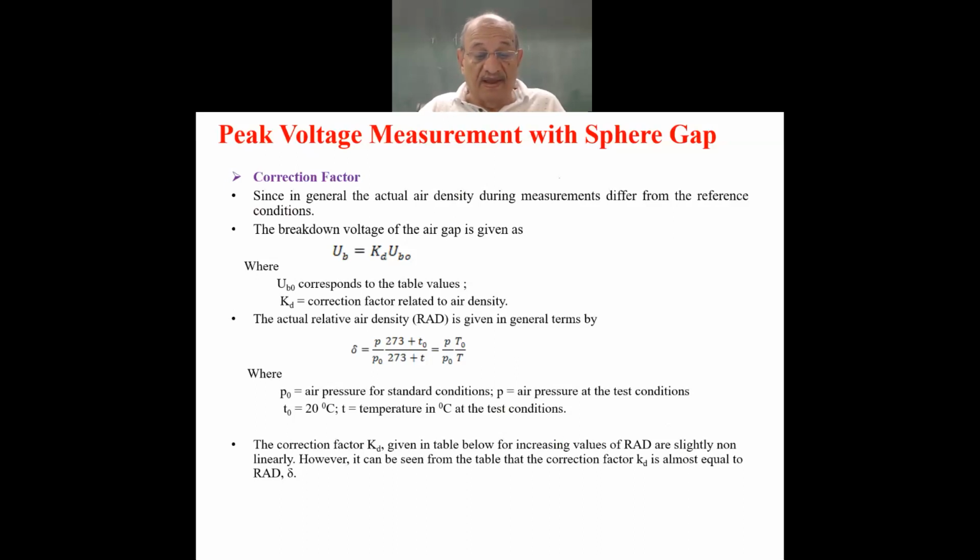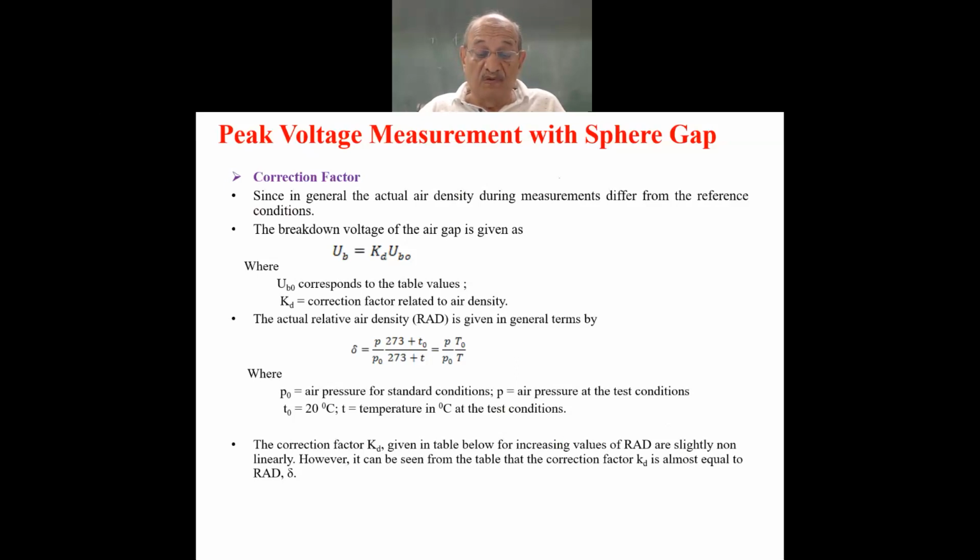So there is a requirement for a correction factor. For the breakdown voltage measured under conditions other than the reference condition with which the charts are derived, you may have to multiply the measured value by a correction factor to get the actual voltage.